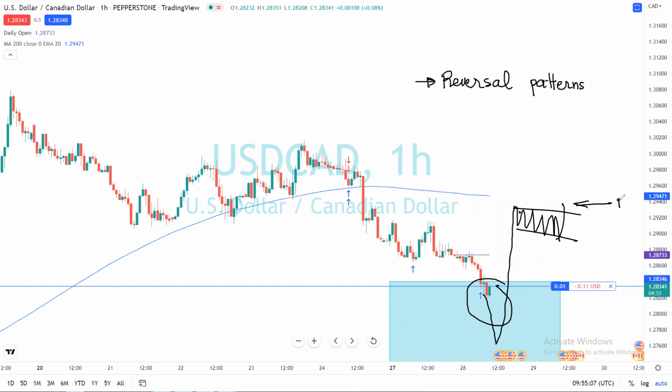You just place a buy at market price, and then your stop loss should be at least a few pips below this lowest point on that correction there. This is a more conservative way to trade that, but the only disadvantage is that you won't get as many pips as someone who bought from the blue box area.